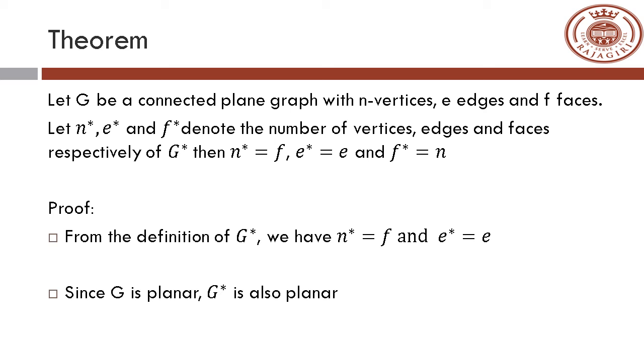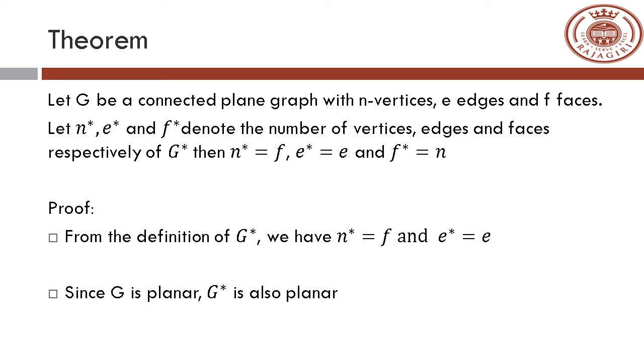From the definition of G star and all the examples illustrated above, we can see that the number of vertices in the dual graph is equal to the number of faces of the given planar graph G. Since we are placing a vertex in each region, including the exterior and interior region, the number of vertices in the dual graph is equal to the number of faces in the given planar graph.